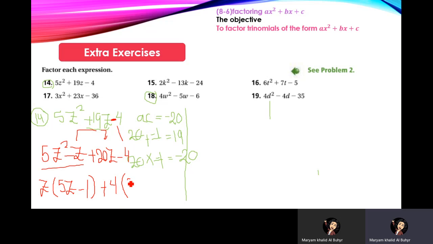So the remaining is 5z minus 4. Great job. That's what I need. This is exactly the same as this one. So just pull it out: 5z minus 4 inside the parentheses, times z plus 4.